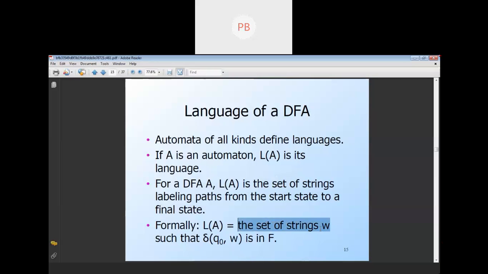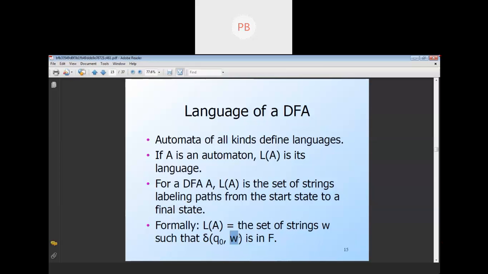L of A is the set of strings W such that delta of q0, the starting state, and the string W is in a final state.